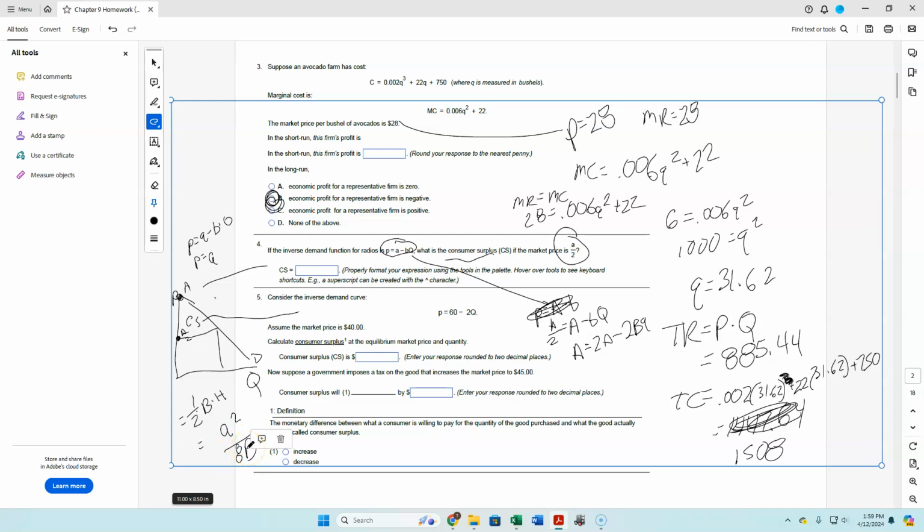So all that I did here is I took my solution for the market price right here, substituted it into my inverse demand function to be able to solve for Q, and then multiplied it out.